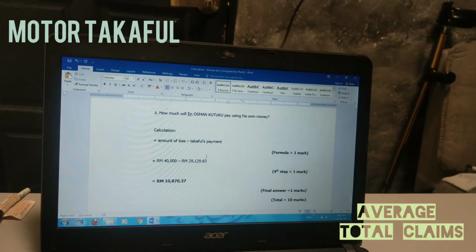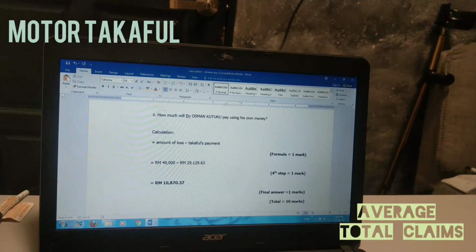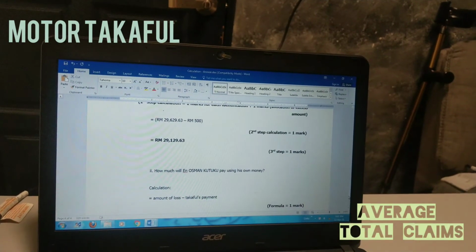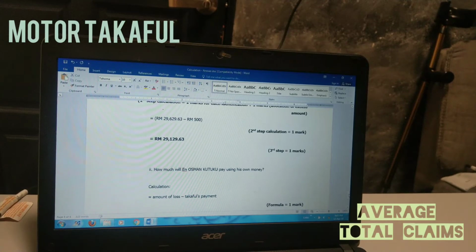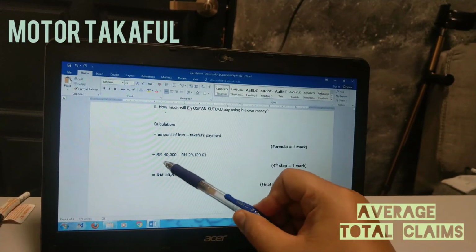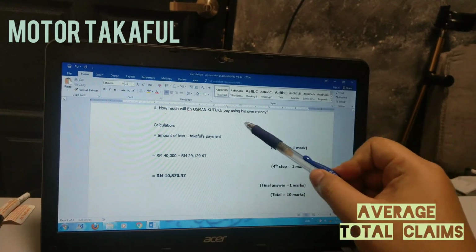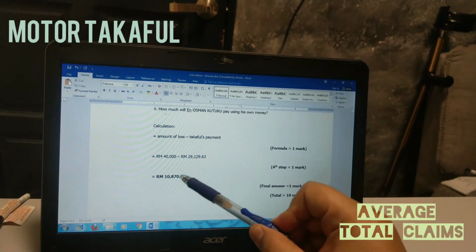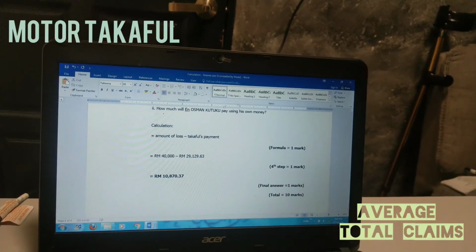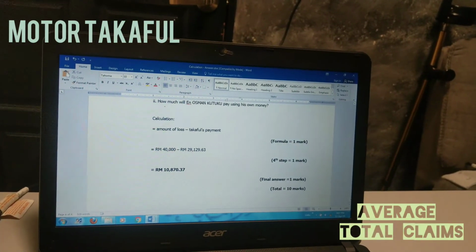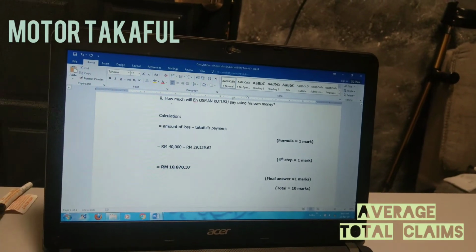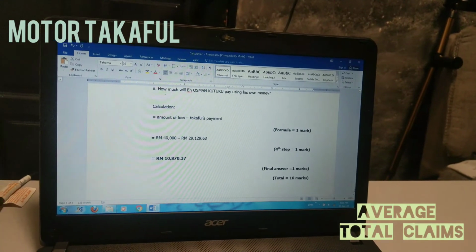This reflects the first step, the first answer that we got. So 40,000 minus the answer from step 1, you will get 10,870 ringgit 0.37 cent. So that would be the final answer for the average total claim.